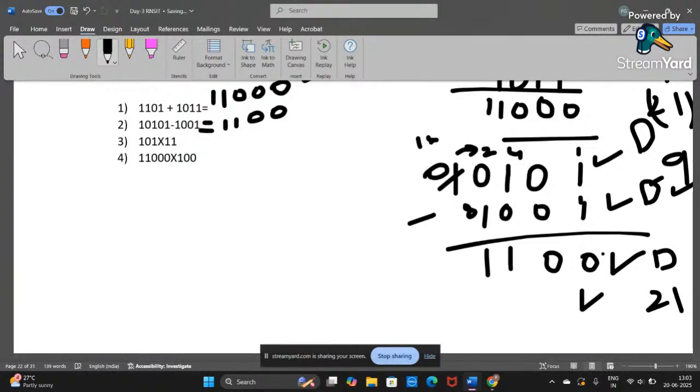Let us check: 2 power 2 is 4 and 2 power 3 is 8. So 8 plus 4 is 12. We got 12. Like this you can cross verify if you have time. Next we'll solve it for 101 into 1.